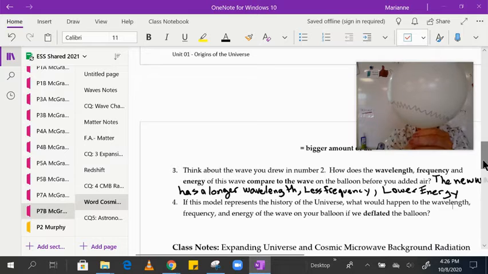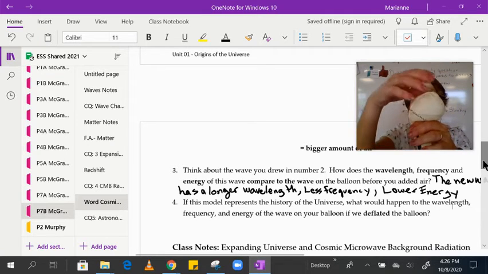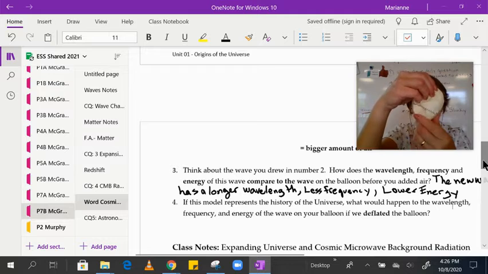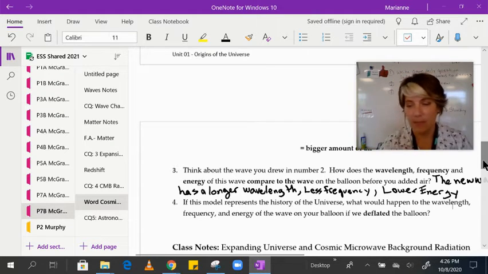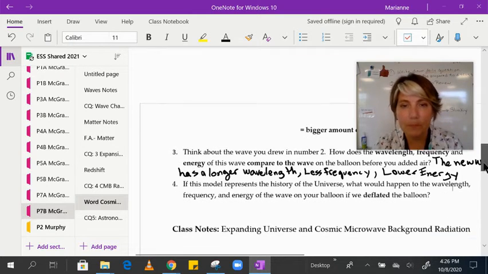We're going back in time. The universe is getting smaller and smaller. The wavelength is getting shorter and shorter. The distance between the crests is getting shorter. More frequency, higher energy. That's what's happening. Okay, that's what we believe happened in the early universe.